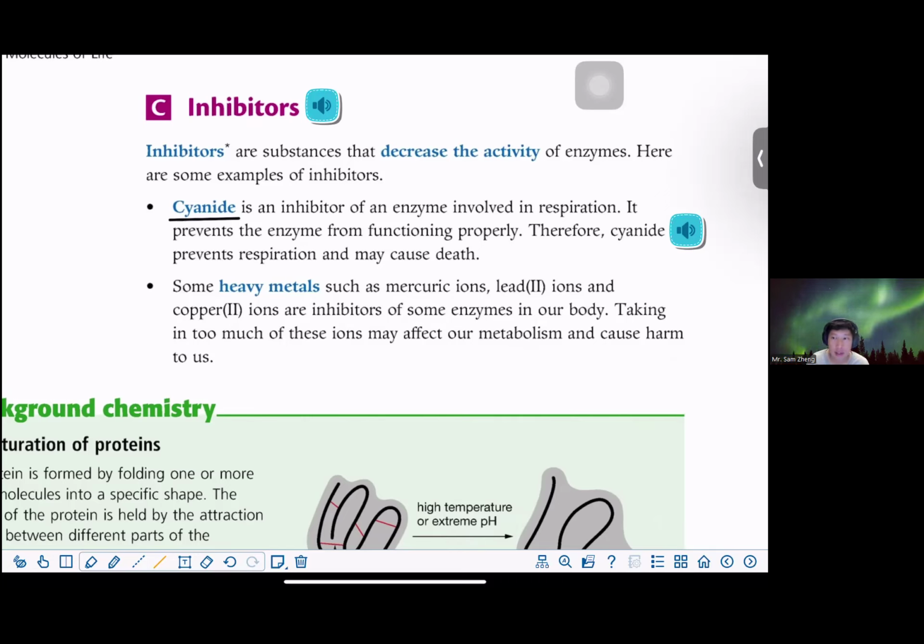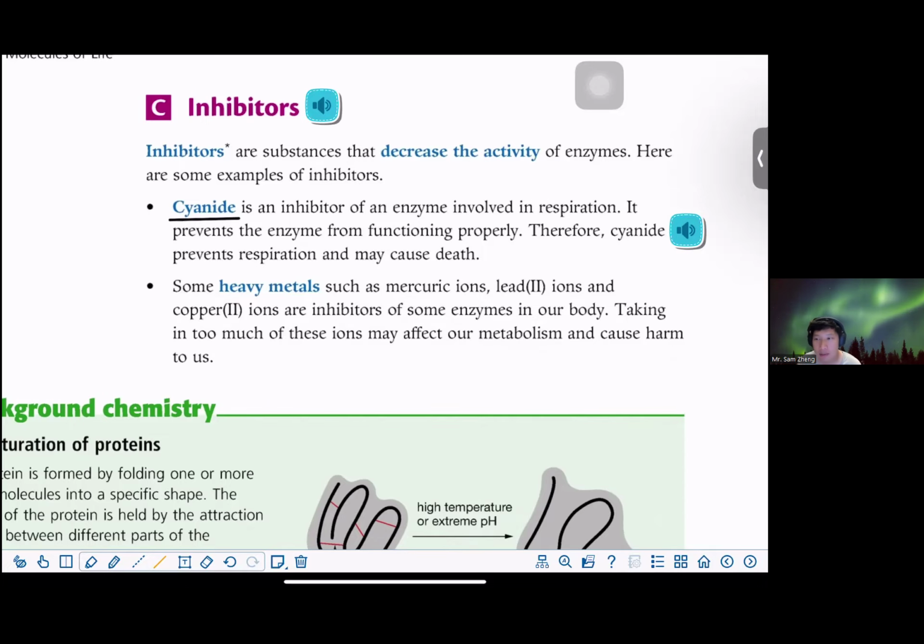So the enzymes no longer can perform the functions, by changing the shape of the active site. So what happened? It will cause the enzymes to be unable to bind with the substrate. Then this causes a decrease in the enzymatic activities.